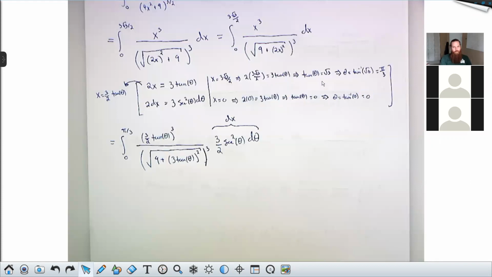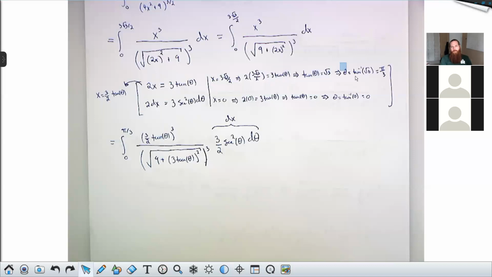And precisely the same sort of work up here. When I plug my old upper bound into this expression, I get 2 times 3 root 3 over 2 equals 3 tan theta. The 2's cancel, and you get 3 root 3 equals 3 tan theta. Divide both sides by 3, and you get root 3 equals tan theta, or tan theta equals square root of 3.